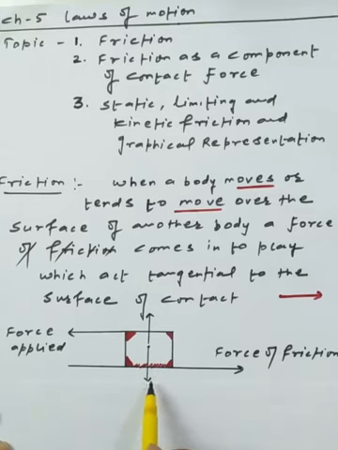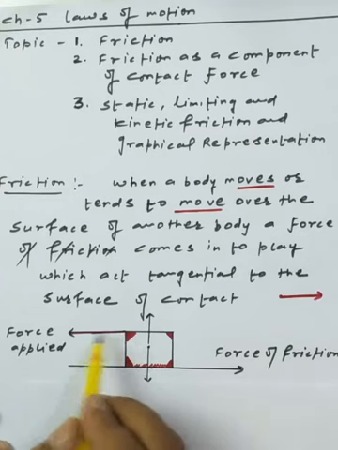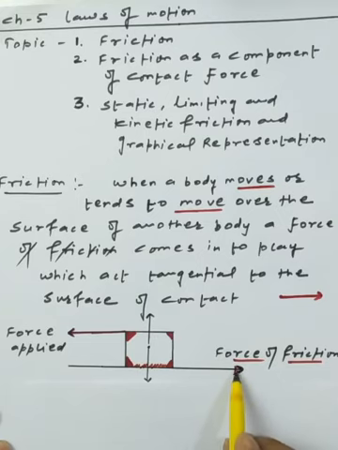So when friction comes into action, as we apply a force on a block on one side, the force of friction will arise along the surface where the two surfaces are in contact. It is opposite to the direction of the motion.